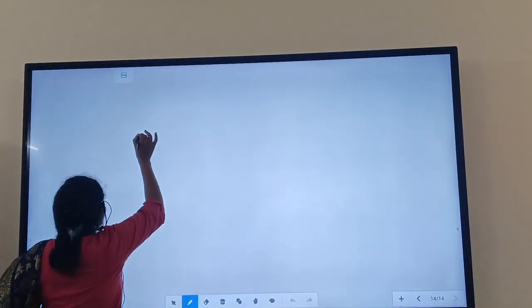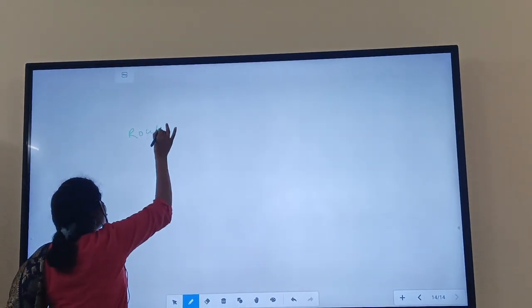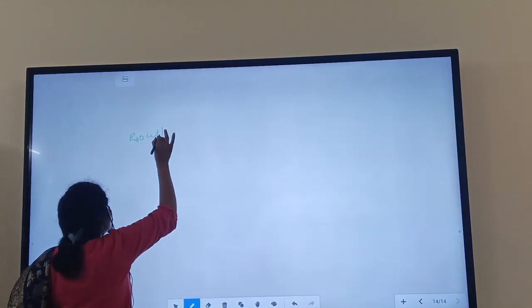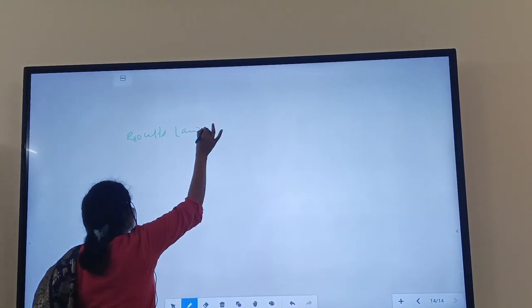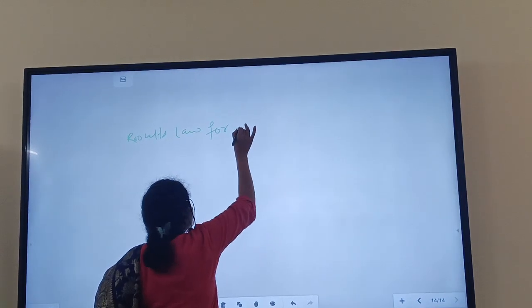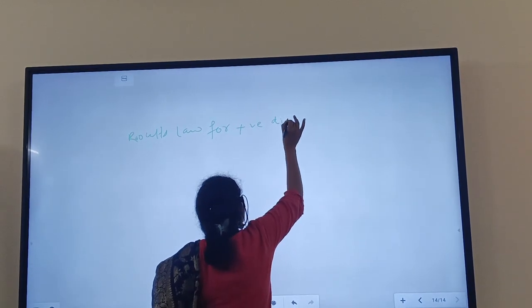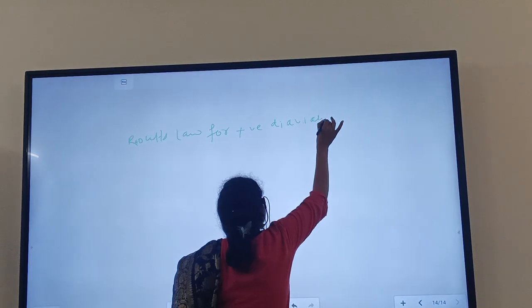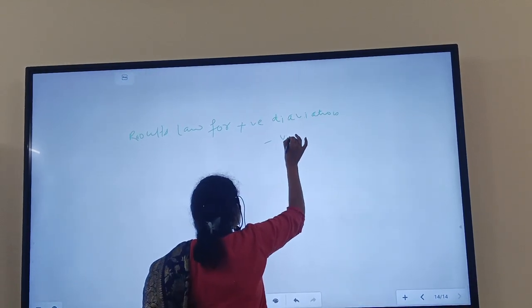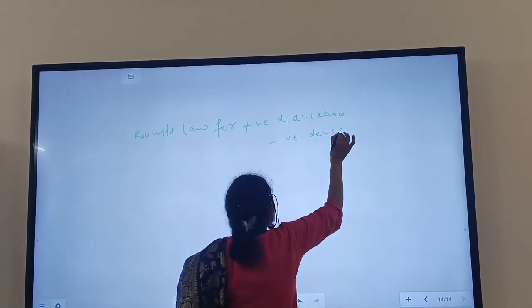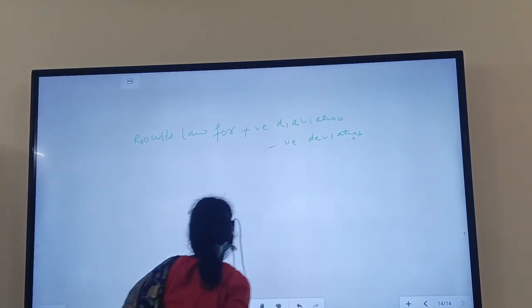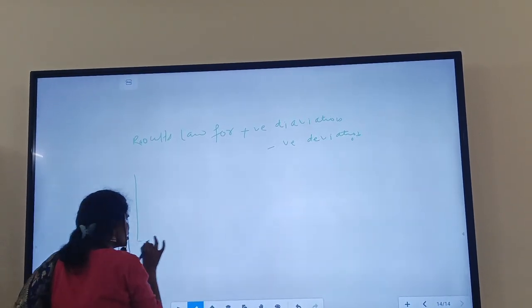Second graph: Raoult's law graph for positive deviation and negative deviation. Okay, here we will draw a graph.